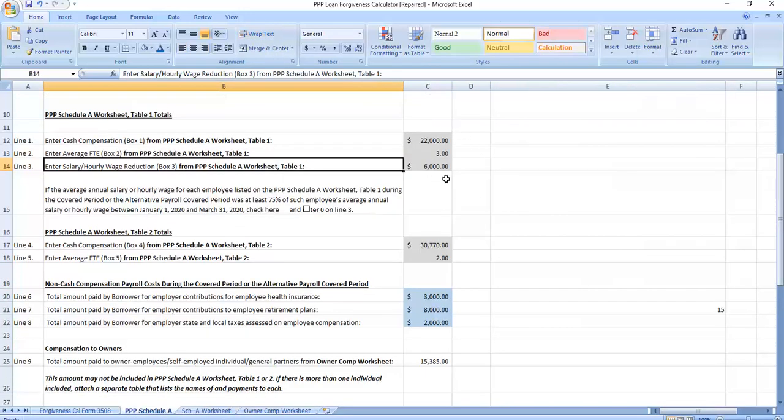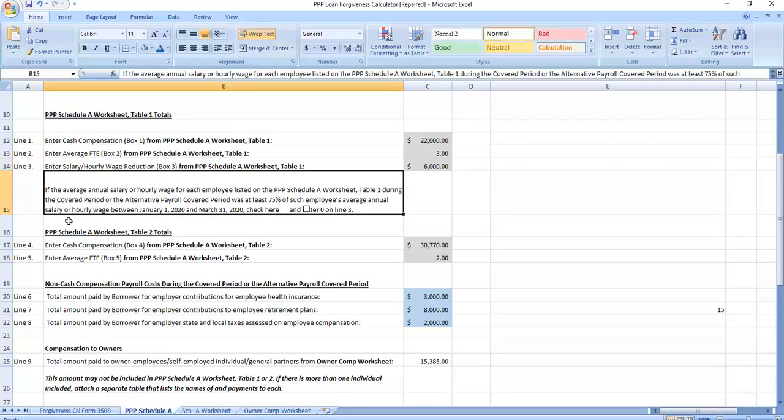Now all these are in gray, which means it automatically comes in here. Now this is important. This is the safe harbor for the salary reduction. If the average annual salary or hourly wage for each employee listed in the PPP Schedule A worksheet during the covered period, alternative payroll covered period, was at least 75% of each employee's average annual salary as compared to the period January 1st 2020 to March 31st 2020, then you just check mark here, and you don't enter anything here.